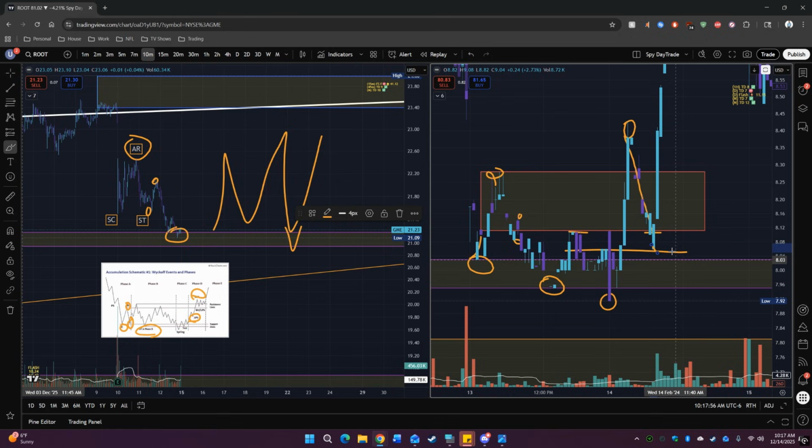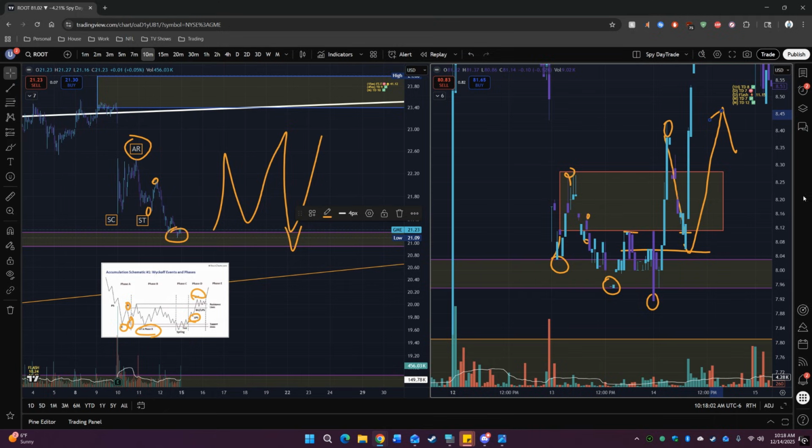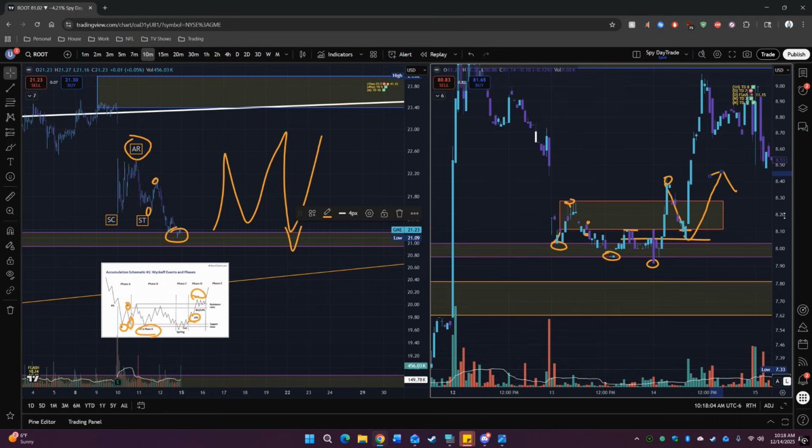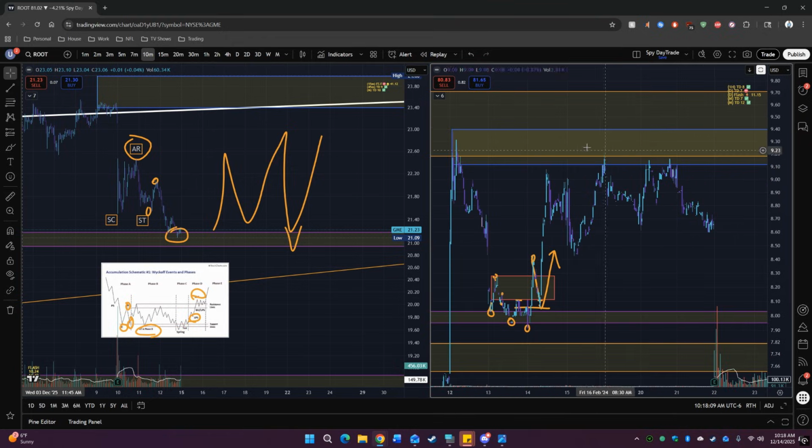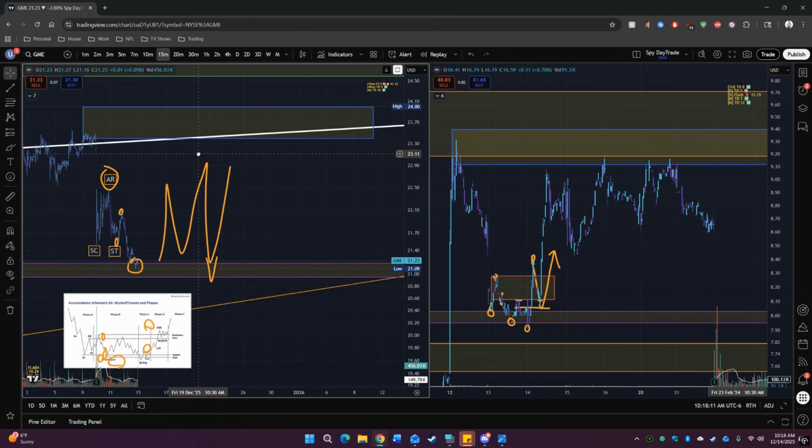And so on Root, it actually went all the way back down there before it had its final launch back up to where we were, back up to this previous big blue box that we had identified. And so it ultimately came back up to that range and it's been trying to push through it.